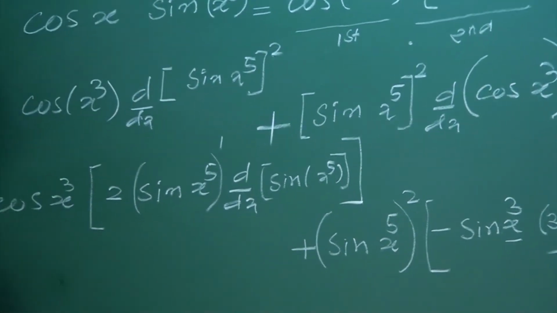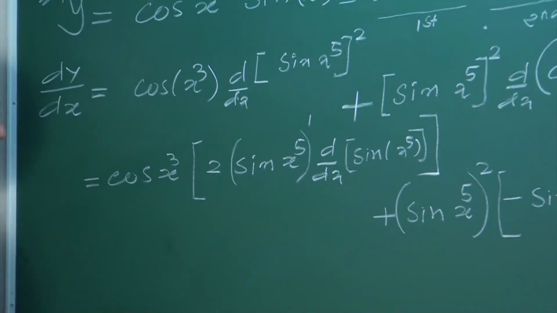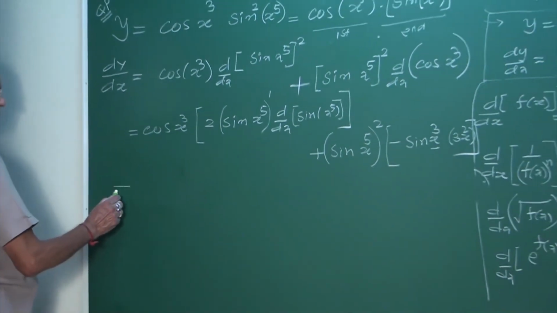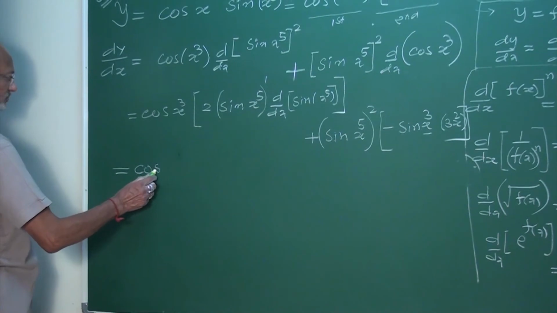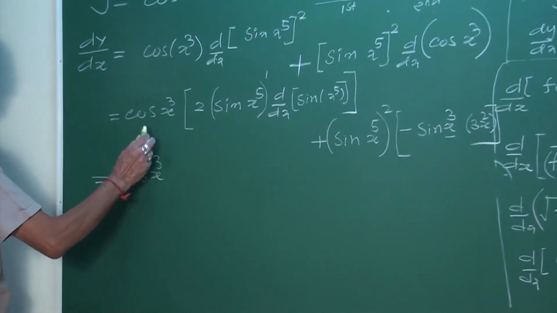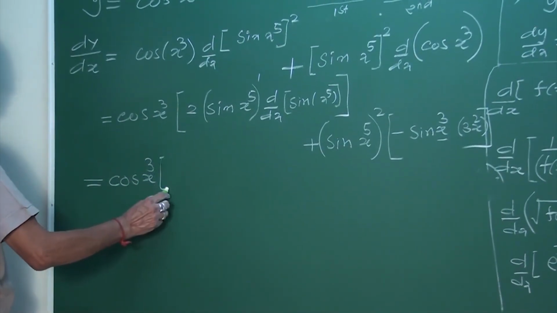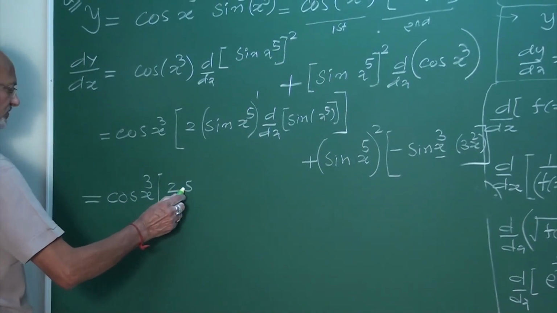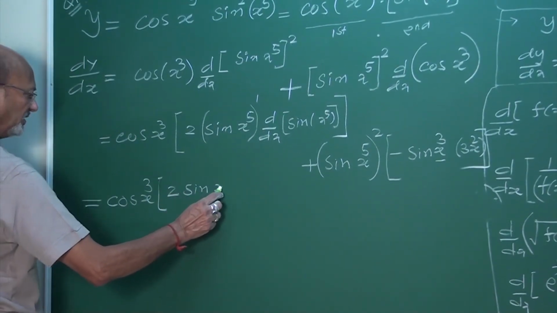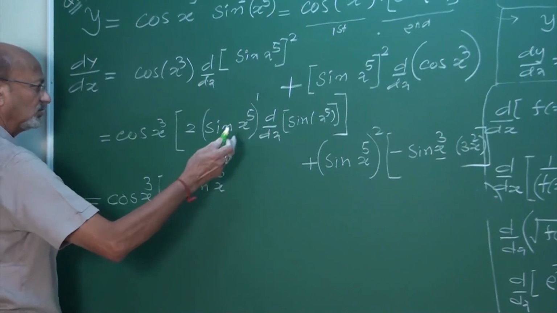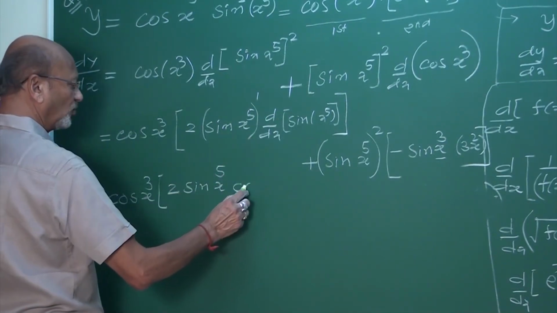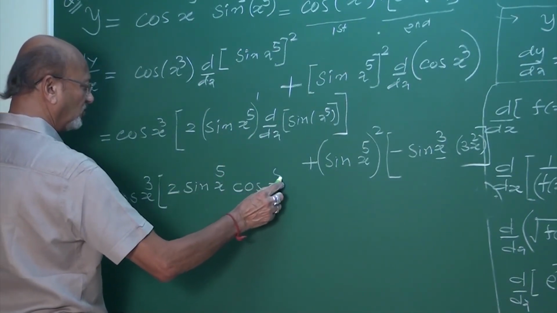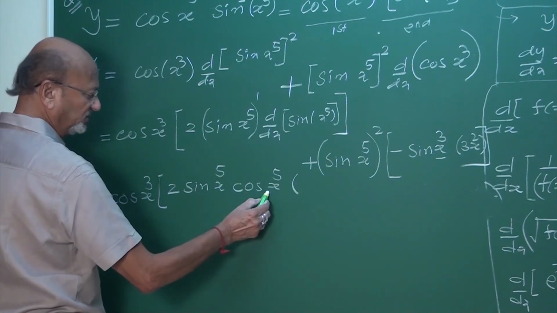Next, my friend. This equals cos x cube, this into 2 sin x to the power 5. What is the derivative of sin of x to the power 5? Is it x?